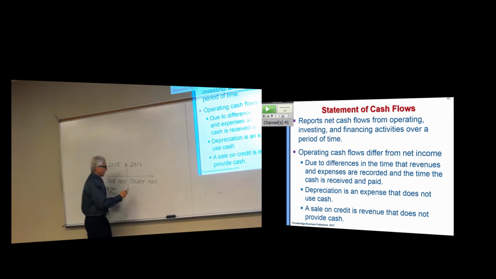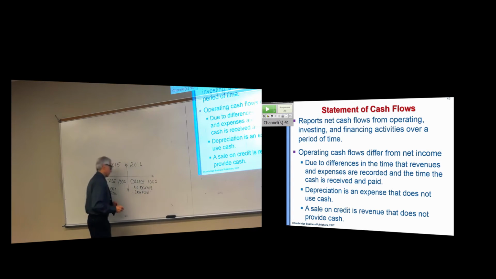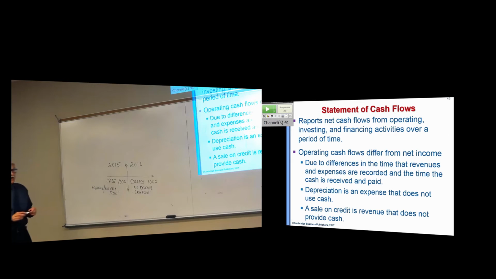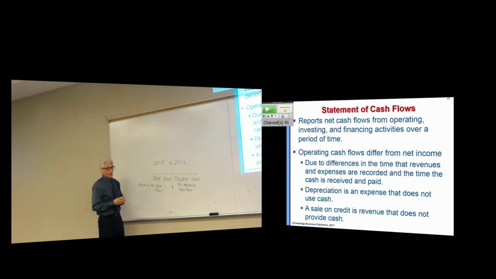In the next year, we have no revenue, but we have cash flow. So on the income statement in 2015, you'd see a sale of 1,000, and let's say you have no other expenses.